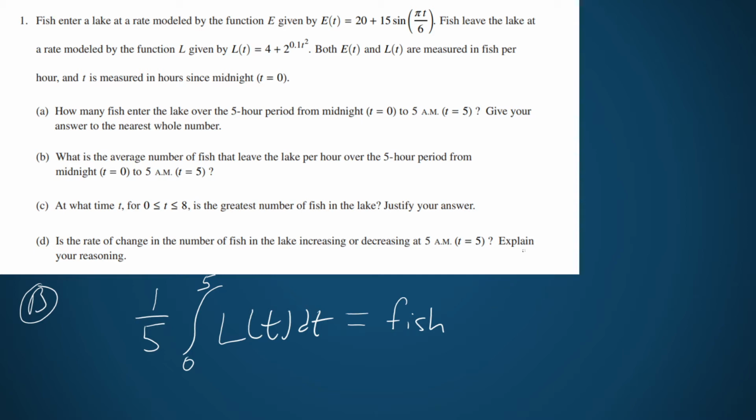How would you explain what it means, though? So the average fish that left from 0 to 5 is about 6 fish. About 6 fish. There were 6 fish from 0 to 5, is what you're saying?